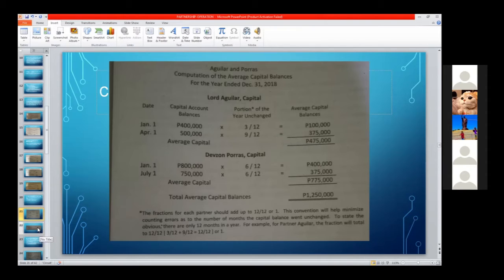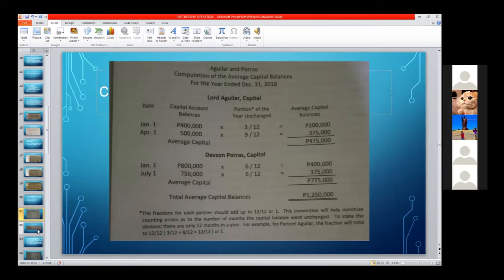So hanggang June lang, so 6 months. And divide mo siya sa 12, you will get yung 400,000. And then yung sa 750,000 naman, ganun din, 6 over 12, you will get 375,000 for a total of 775,000. Yun yung average capital ni Devzon Porras.